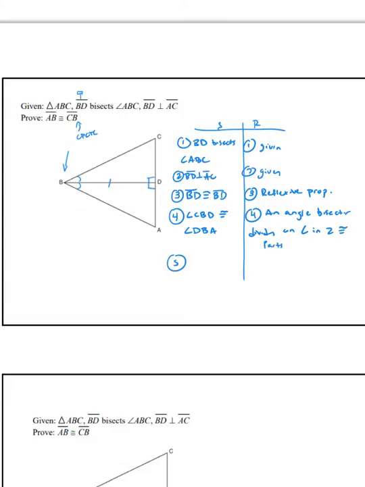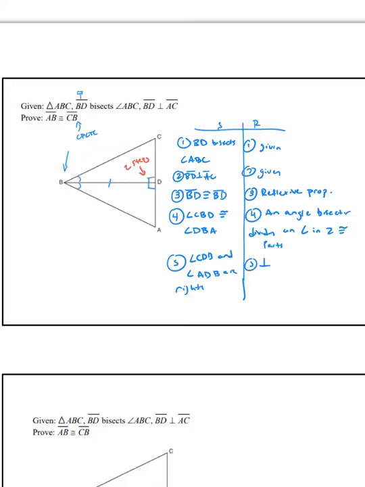Five, now we'll go into the right angles. And remember, right angles, this needs two steps. So the first step is going to say that angle CDB and angle ADB are right angles.